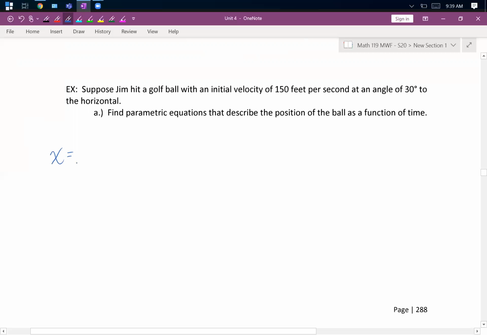So x is equal to v sub 0 cosine theta times t, and we're just plugging in. Our v sub 0 is 150, our theta is 30. Don't forget your variable t, and then we just clean it up.